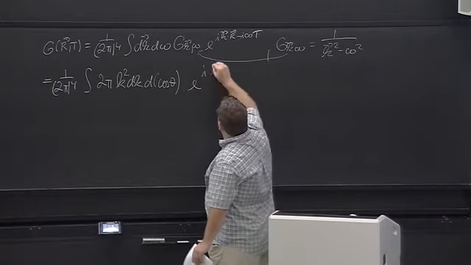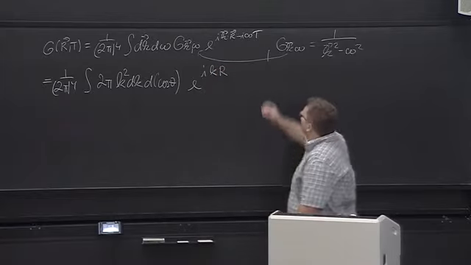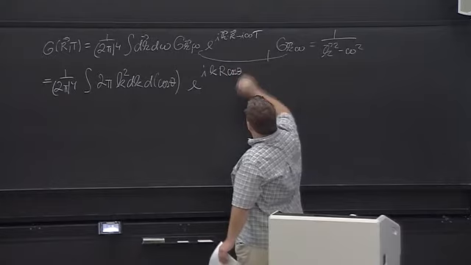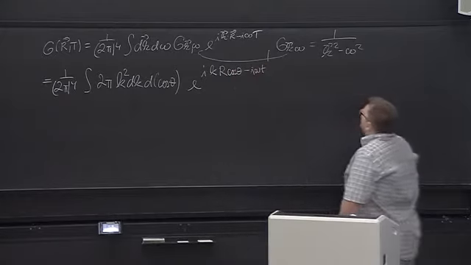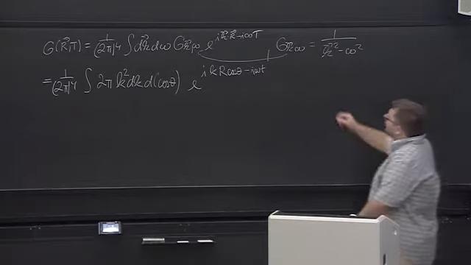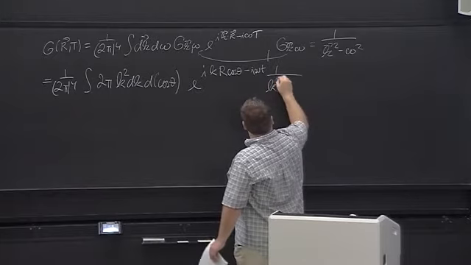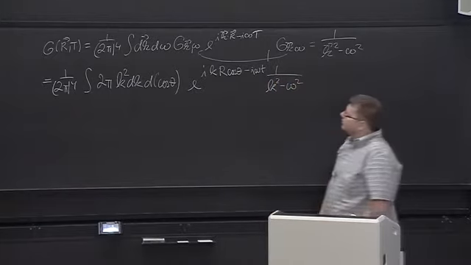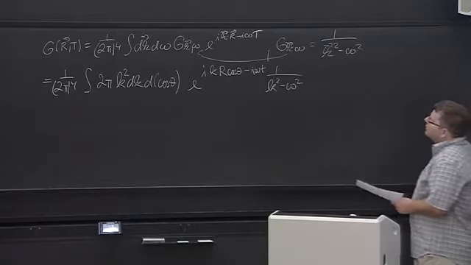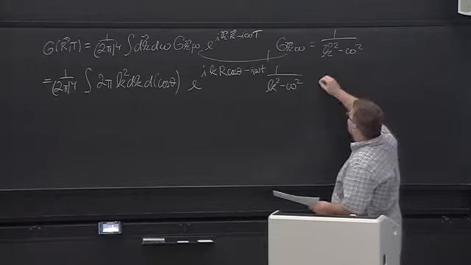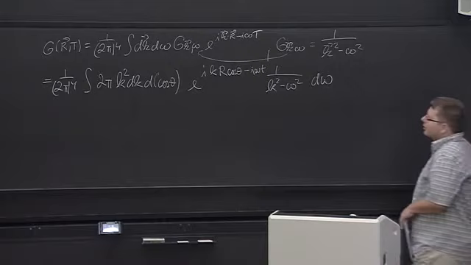As I said, this is the magnitude K and then the magnitude R and then cosine theta, and that's minus I omega t. And then you have your Green's function here, which is just a magnitude, 1 over K square minus omega square. And then you integrate this over omega as well, and I hope I didn't forget anything.